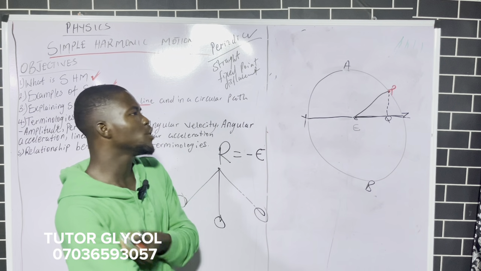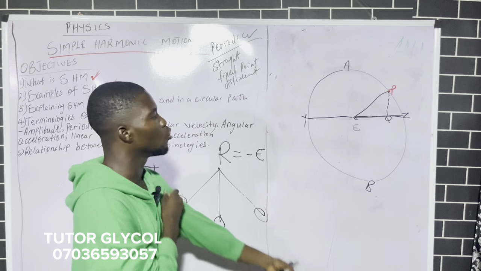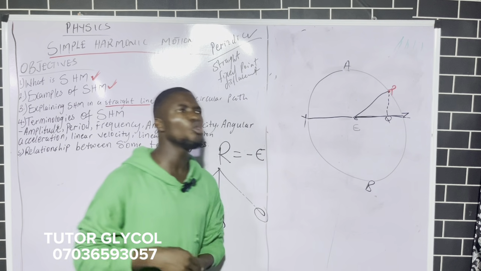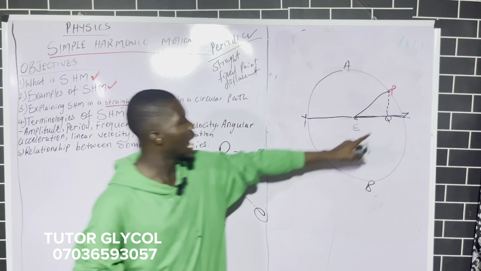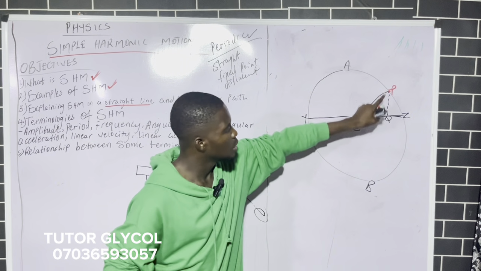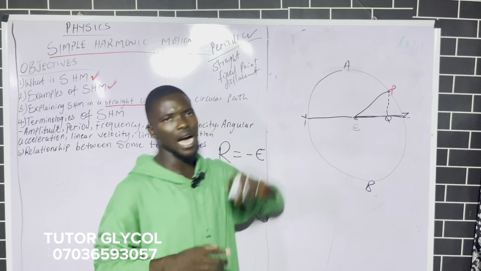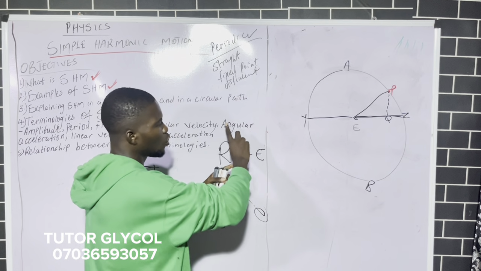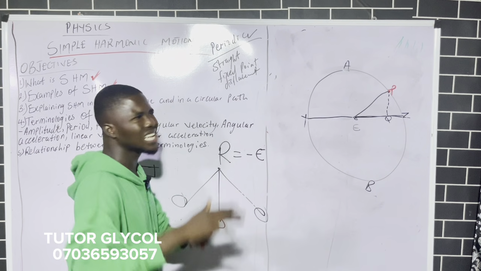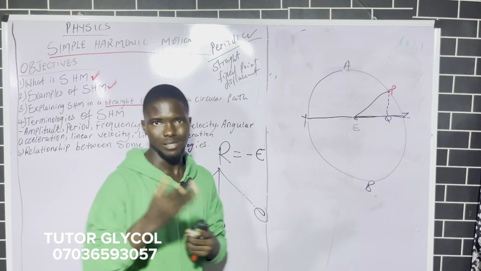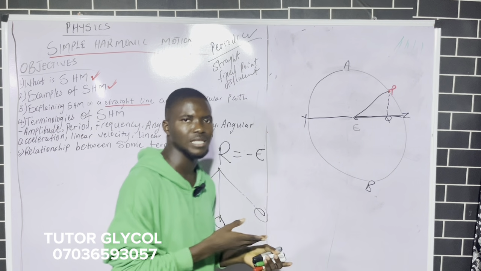But beyond that, there are some things I want to bring out here for us. So look at this now. There's no way you will tell me that as stone P moves round, it will not move through an angle. It's just like a wall clock. As a wall clock is moving, it's moving through an angle. Let me even use this mathematical example. Those of us who did mathematics, since you're a physics student, definitely you did mathematics in secondary school.